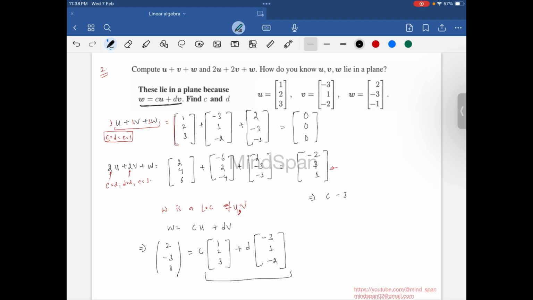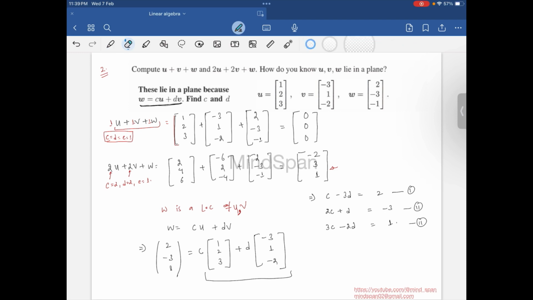So c minus 3d is equal to 2, since it should be component-wise equal, that is one equation, and 2c plus d is equal to minus 3, and 3c minus 2d is equal to 1, right? So these are the 3 equations that you can solve, and you will get the values of c and d. Even we do not need to solve these 3 equations.